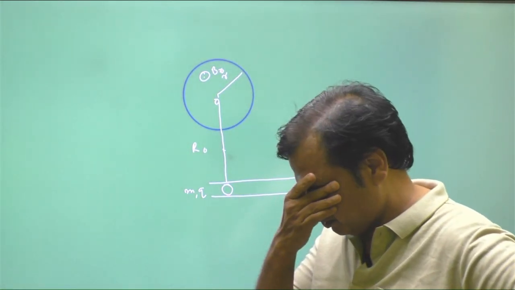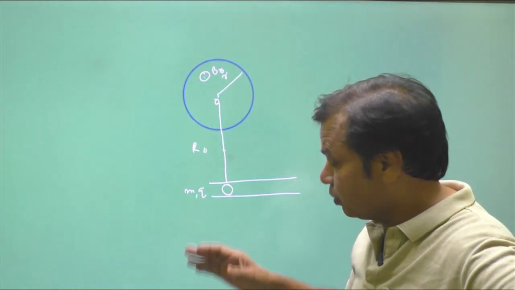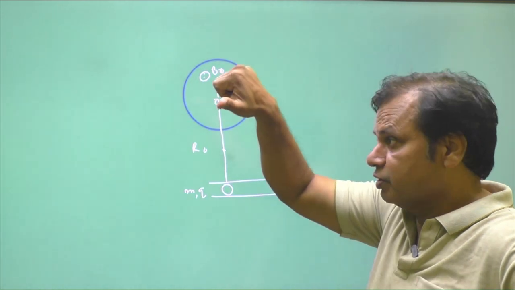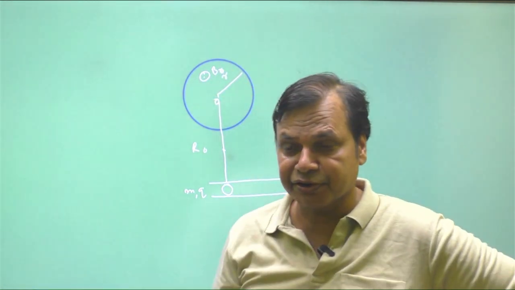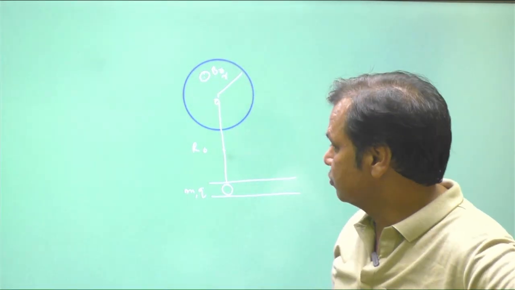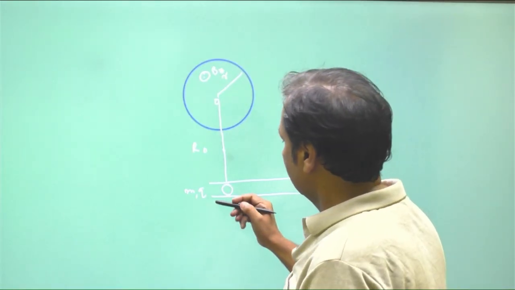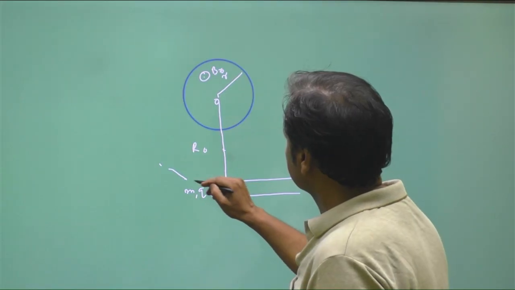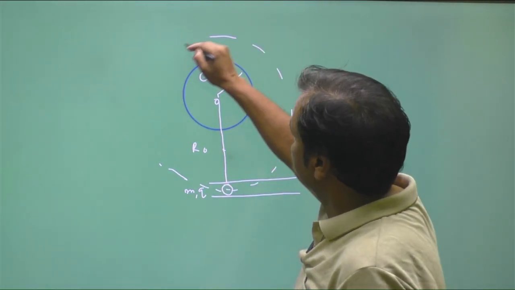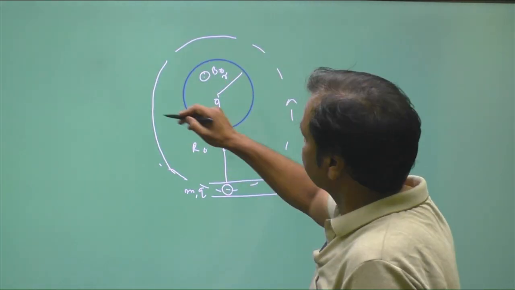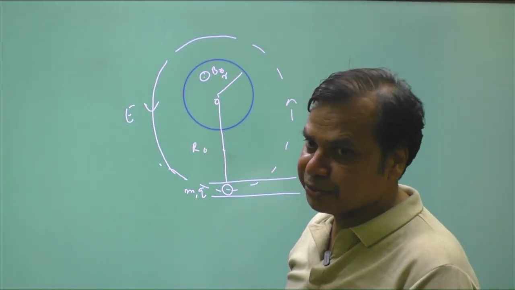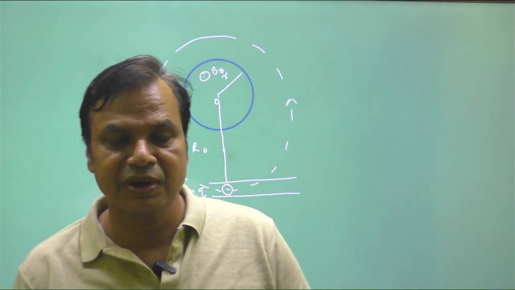The primary objective of that induced EMF is to produce a current that can support this magnetic field, since the field is decreasing. So an electric field will be produced in this manner outside the region.